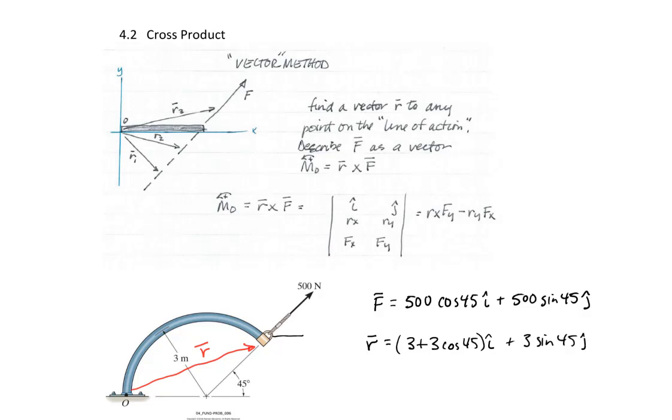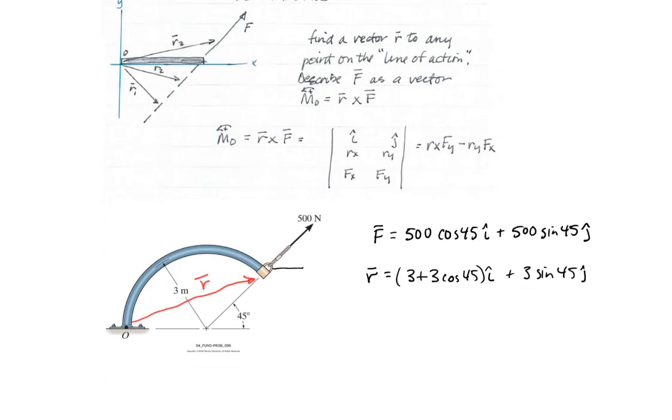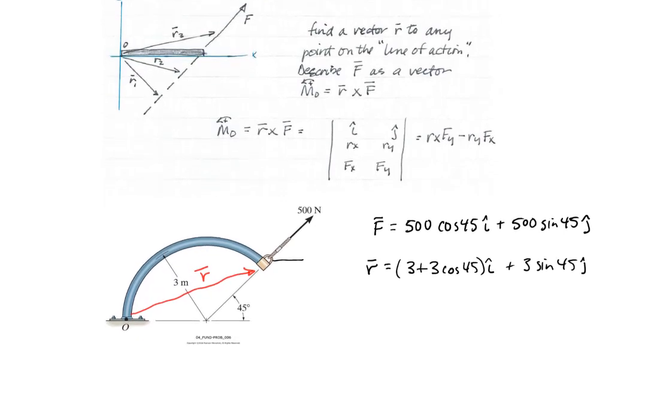Alright, let's put those into our little matrix and see if we can calculate the moment using the cross product. So the moment about O, and in this case we're going to do a vector description rather than a scalar description of the force, is equal to r cross f.